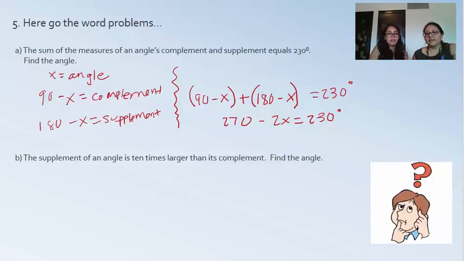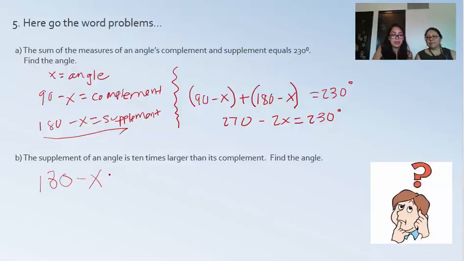Okay, now for the next word problem. The supplement of an angle is 10 times larger than its complement. What we did for this one was, the supplement of an angle is 180 minus x, and that equals 10 times larger than its complement. So it's 10 times larger than what? Its complement.